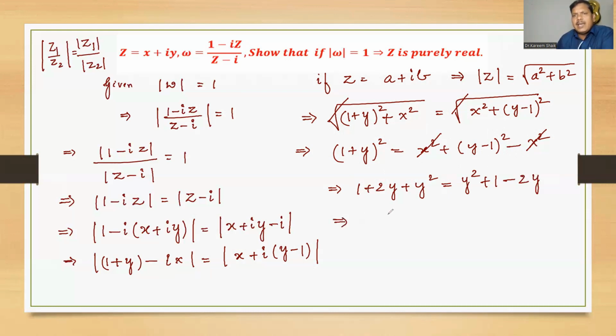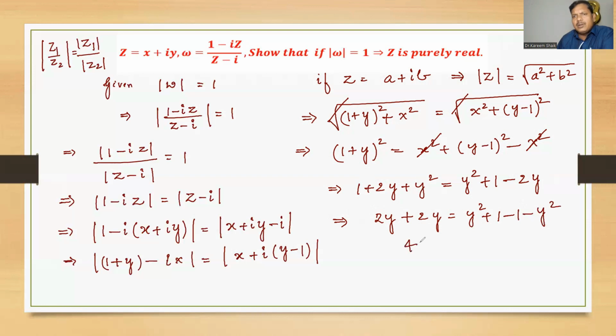Observe here, can I write it as negative 2y, I am transposing from right to left, it becomes positive 2y, equals here y square plus 1, just transpose: positive 1 becomes negative, positive y square becomes negative y square.